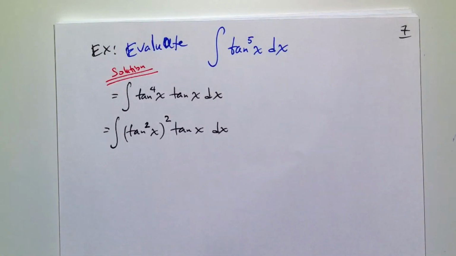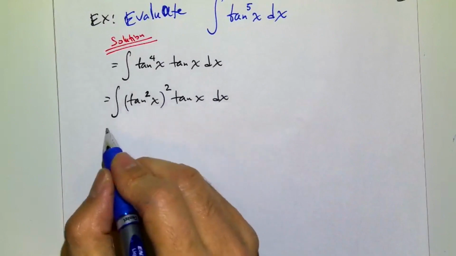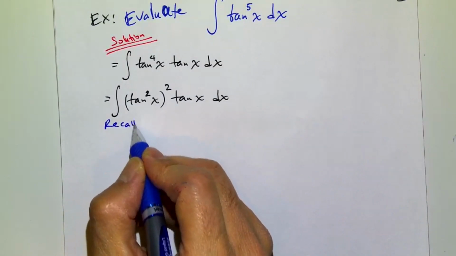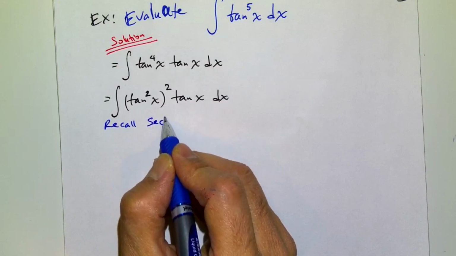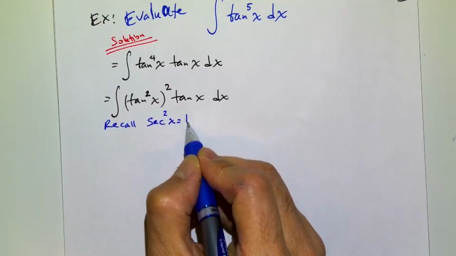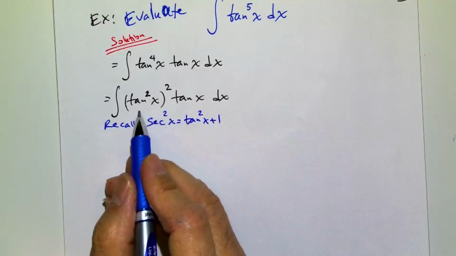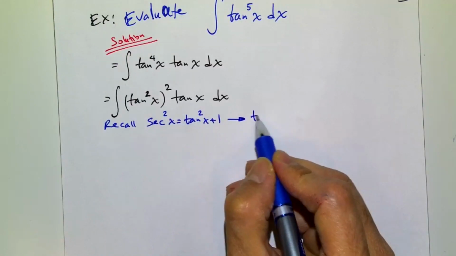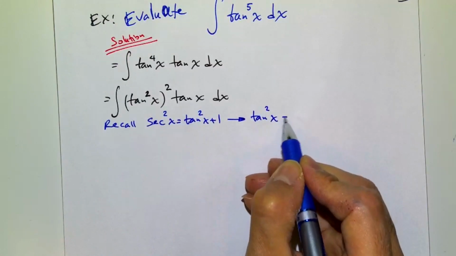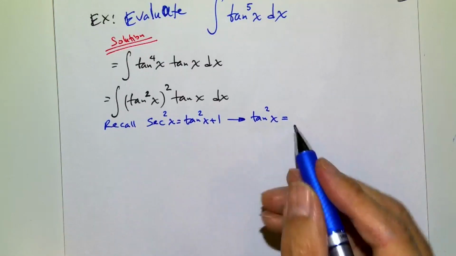Recall that secant squared x equals tangent squared x plus 1, but we need tangent squared x, so tangent squared x is equal to secant squared x minus 1.